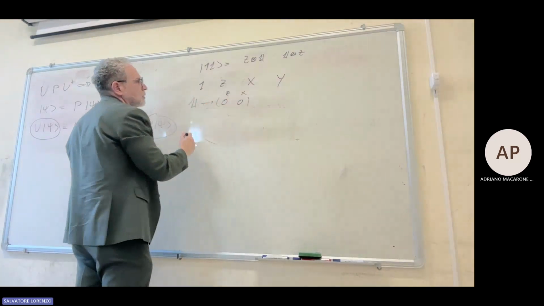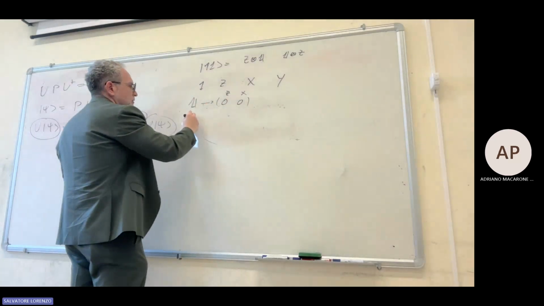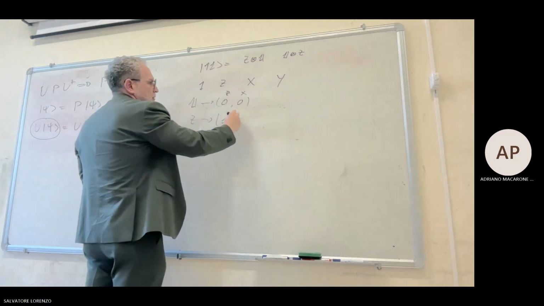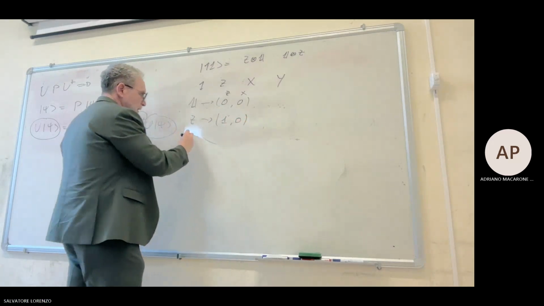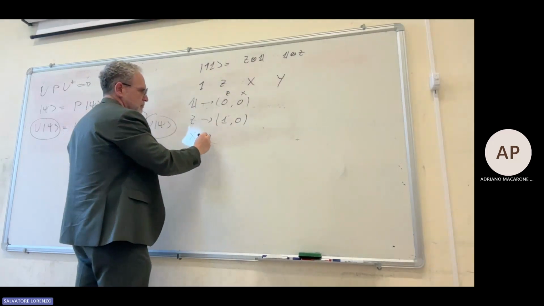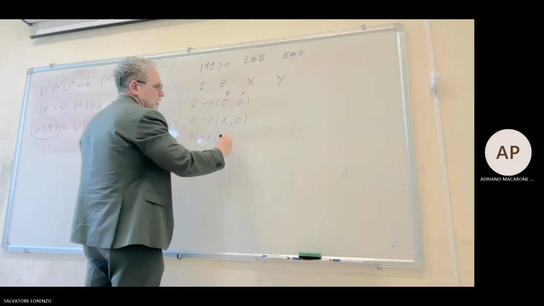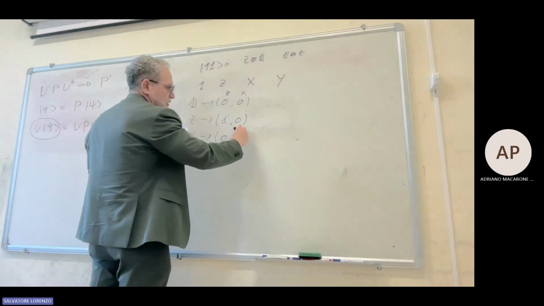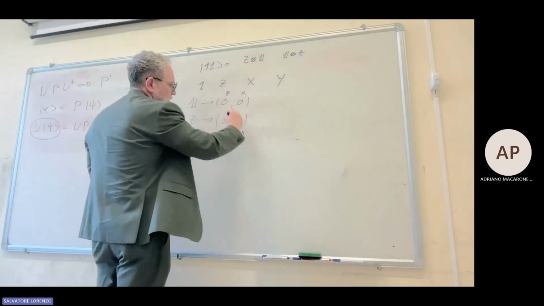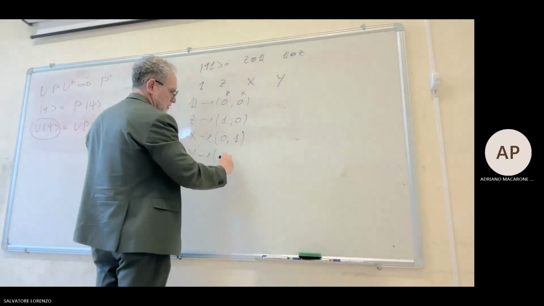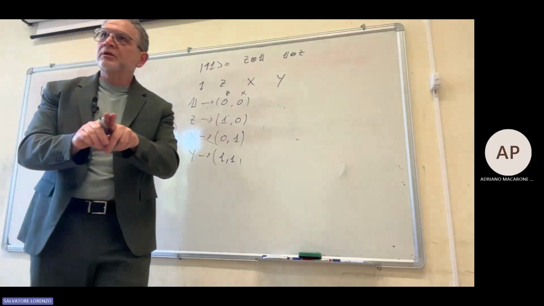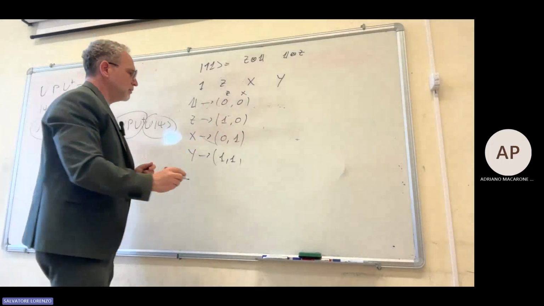If we have Z, this means Z but not X. If we have X, it is not Z but X. If we have Y, we have both, because both means that we have made the product, and then we have Y.